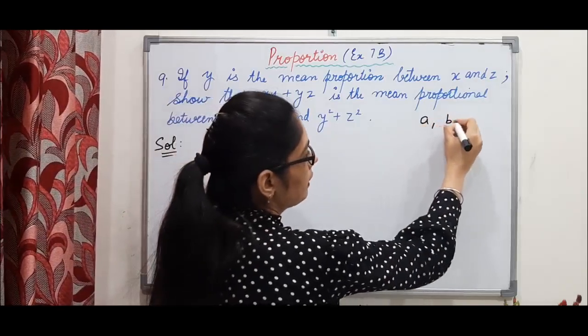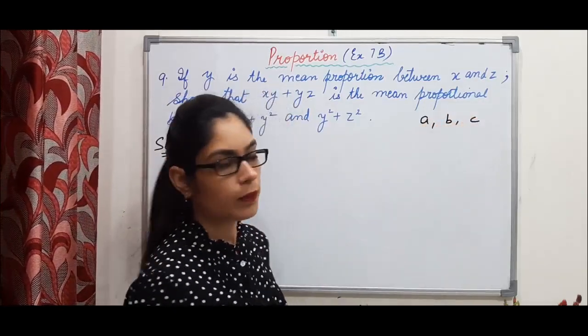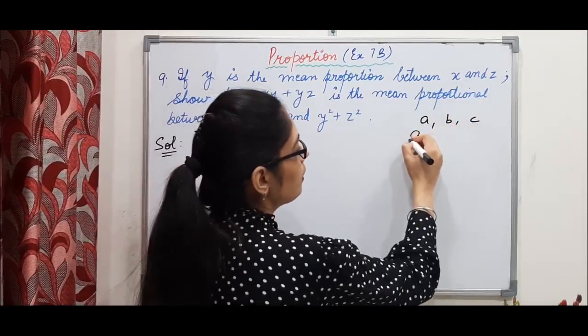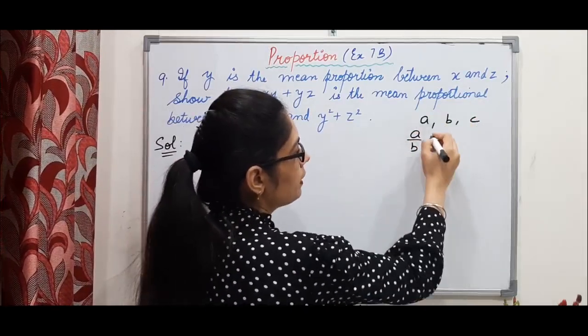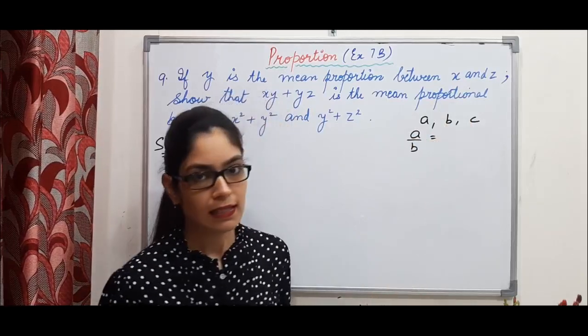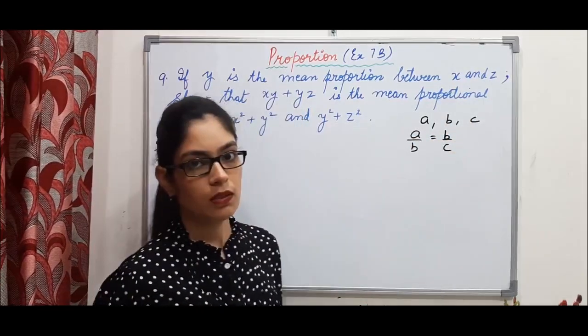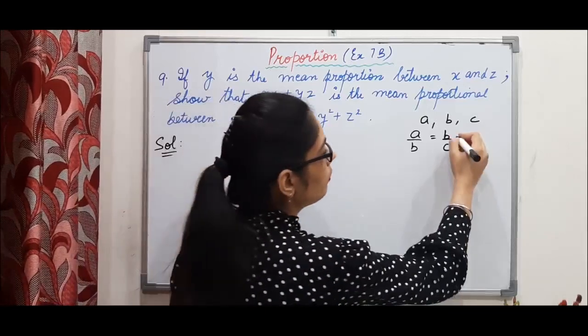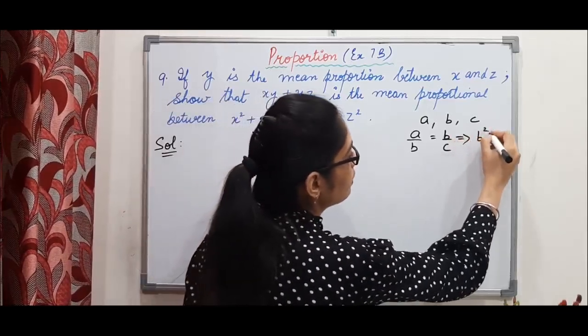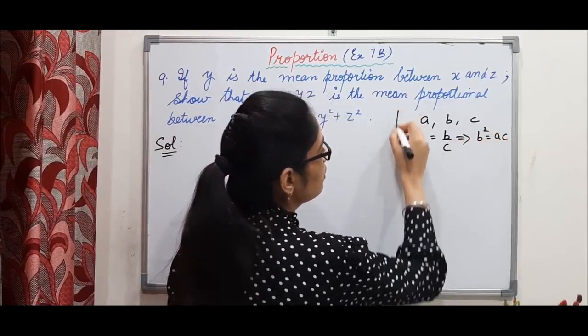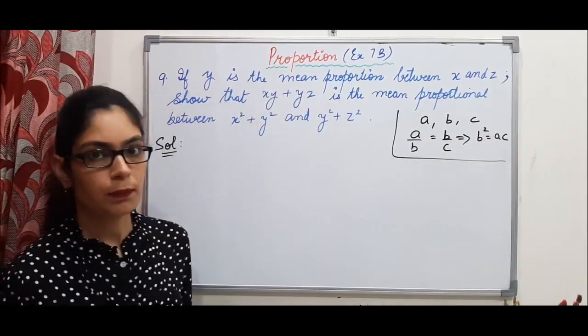If a, b and c are three different quantities, then the ratio of a is to b is proportional or equal to the ratio of b is to c. This is given to us, which implies that b square is equal to ac. So this is the story about continued proportion.